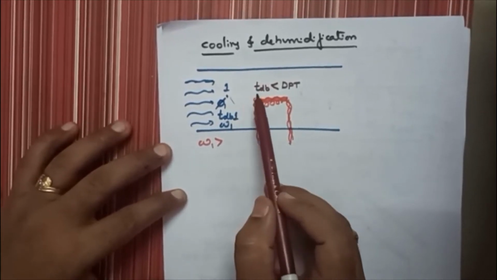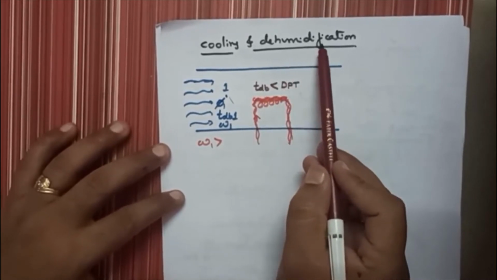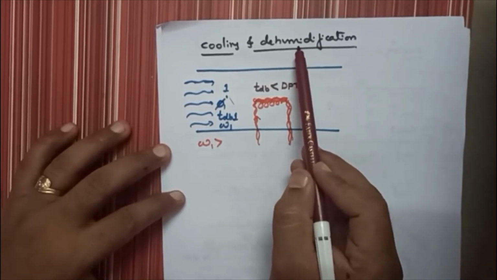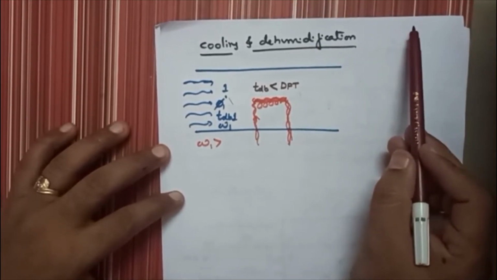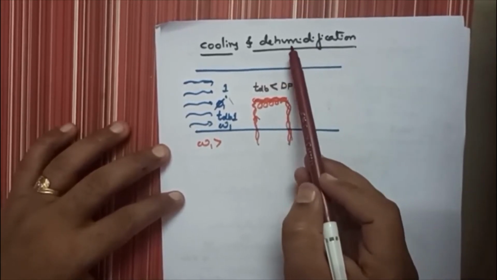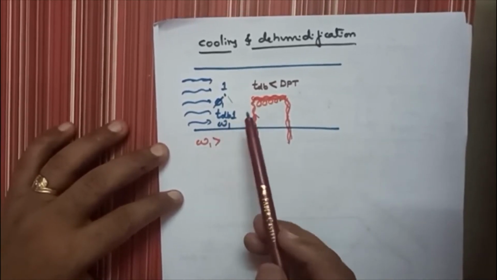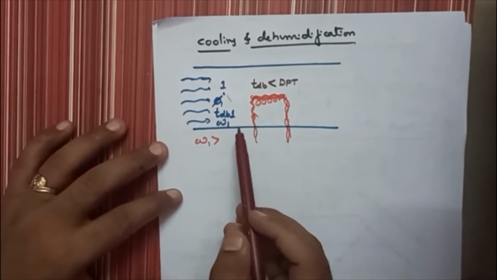Same concept I explained to you in the dehumidification process in the previous lecture. If you have any doubts, click this link and understand the dehumidification process. It will become easy for you to understand cooling and dehumidification.